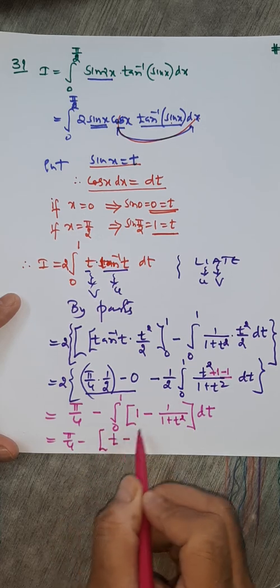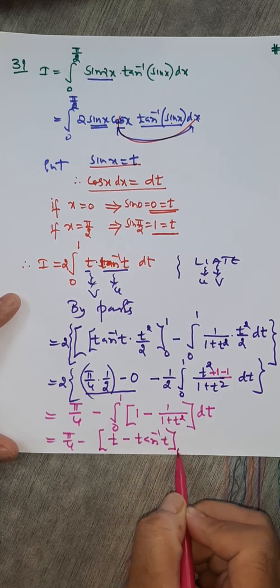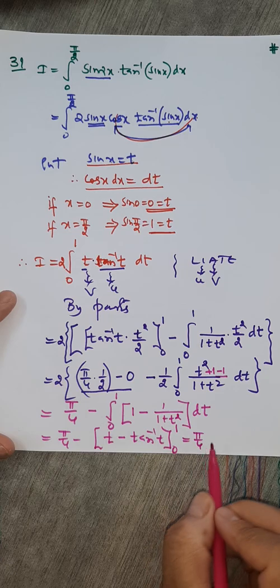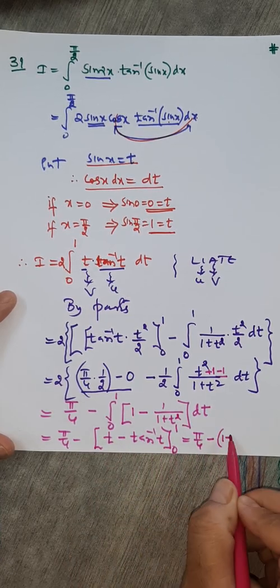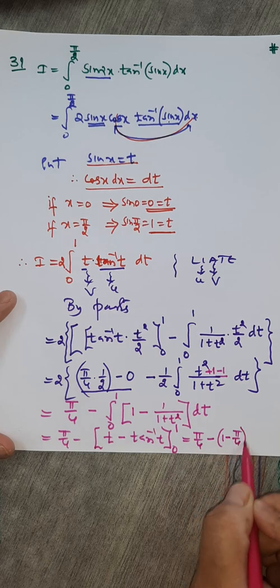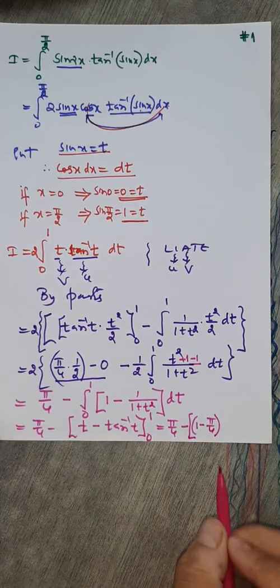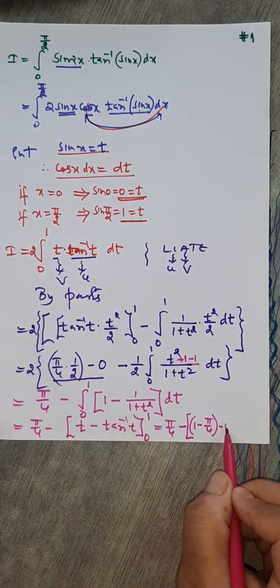This is t minus, you know, this is tan inverse t. And limits are from where to where? 0 to 1. So here pi by 4 minus, put 1 here. So 1 minus tan inverse 1, which is pi by 4. For the lower limit, both are 0 here, remember. So this is just 0.